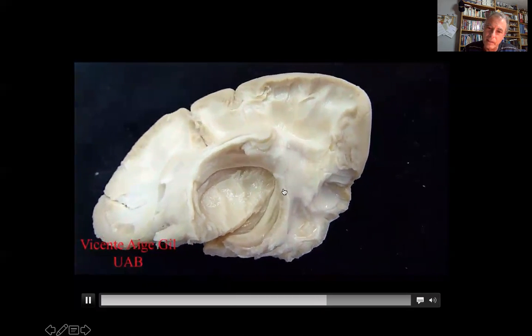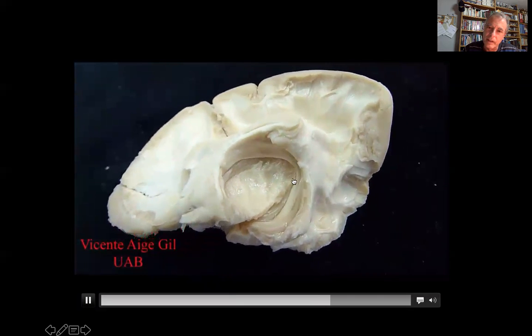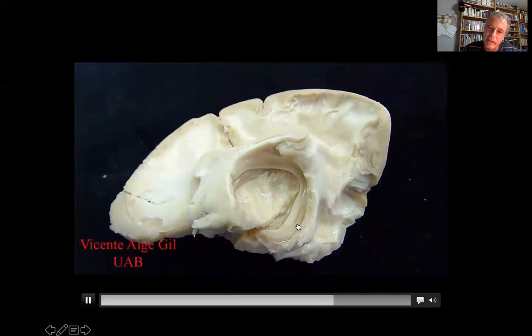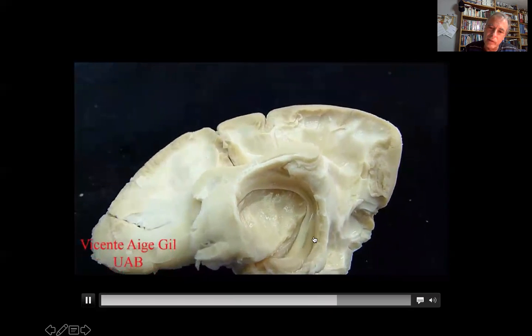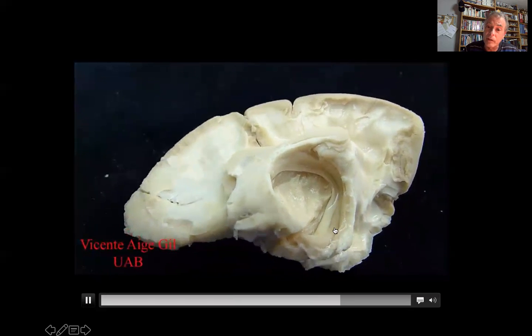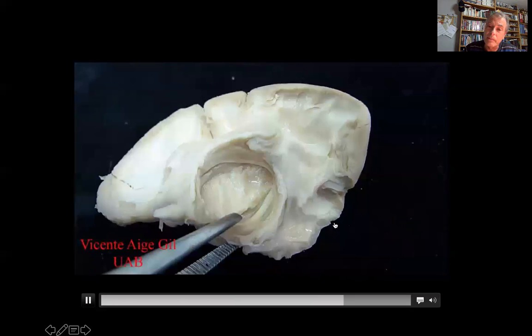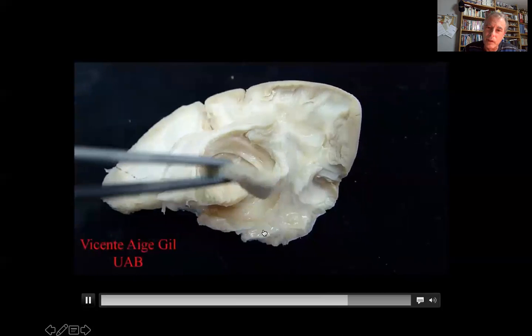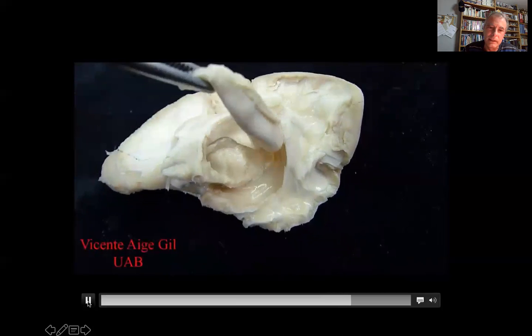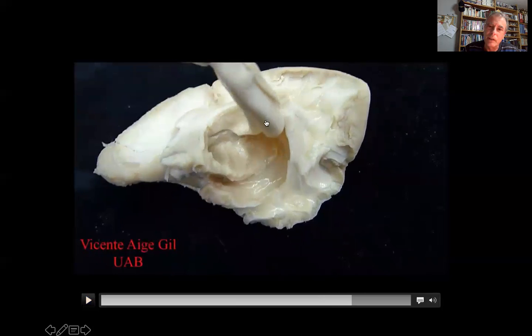Okay, this is part of the fornix. And more externally, forming part of the walls of the lateral ventricle, the hippocampus. Now we push the hippocampus out. The hippocampus, right? And this is the lateral ventricle. You see how the lateral ventricle has a C shape, as the hippocampus and the fornix.